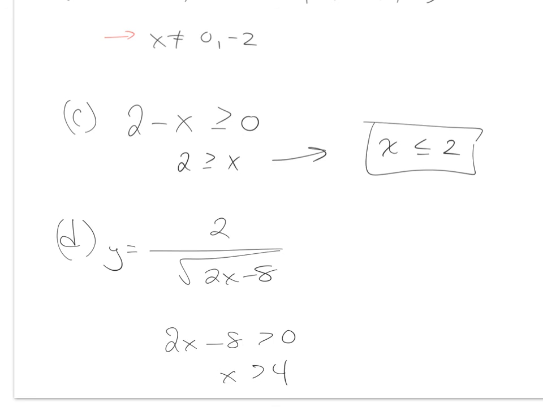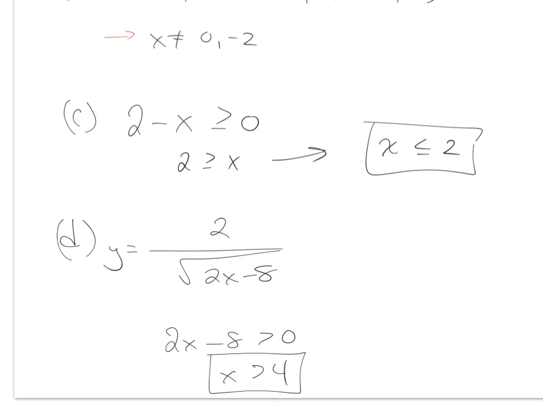So yeah, 4 doesn't work. If you plug 4 in, you're going to get 0. But anything greater than 4 will work. Try 5. 5 works, you get 2 under the radical. Try 6, you get 4, etc. Okay, so take whatever you have here and set it greater than 0. So this is your domain for this function.